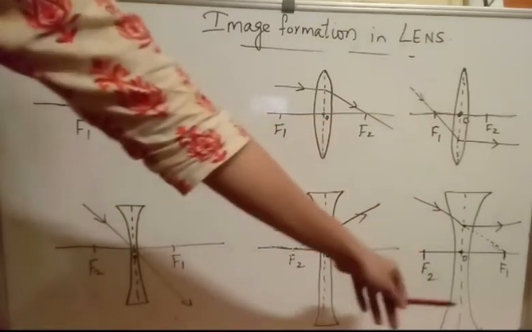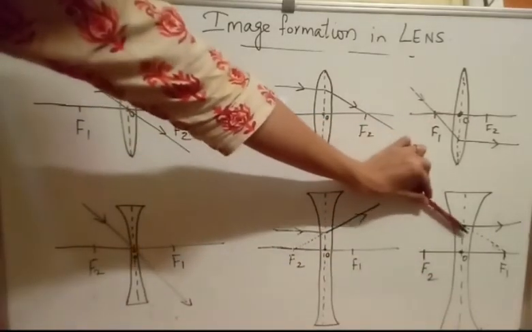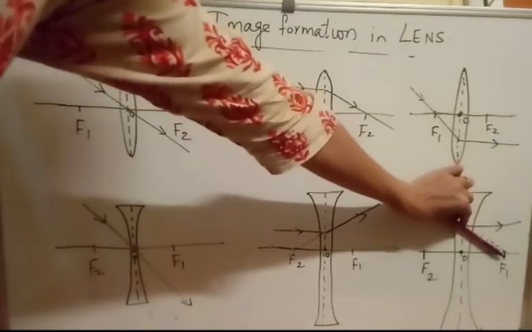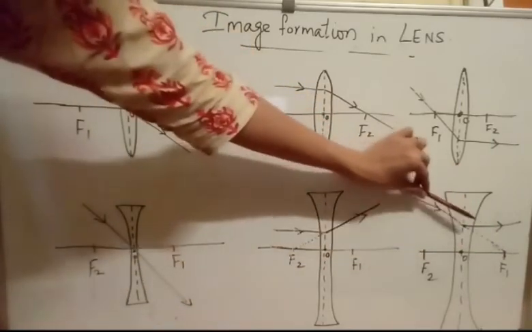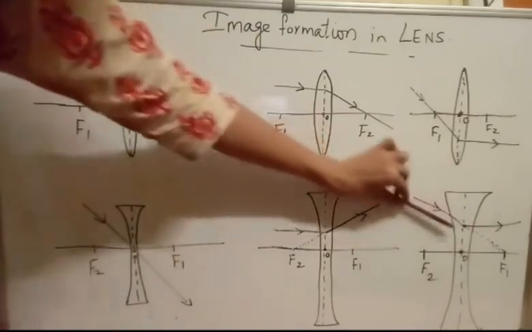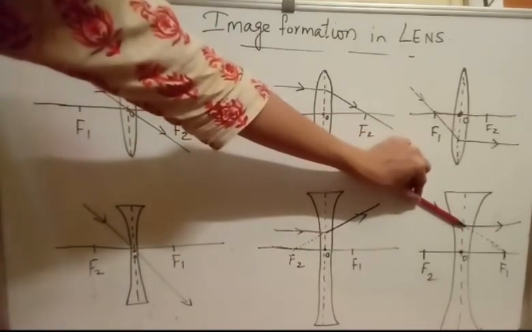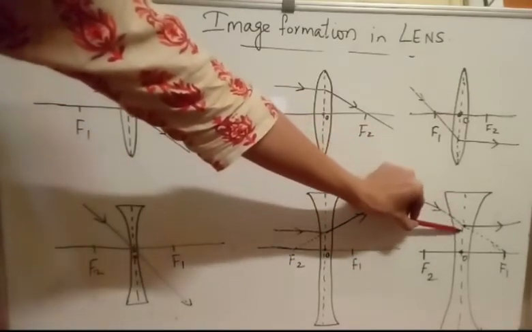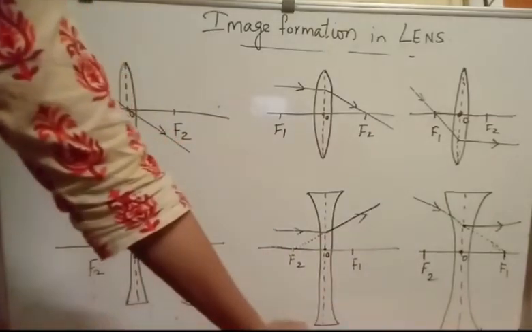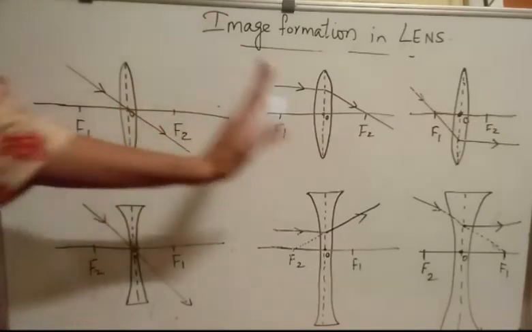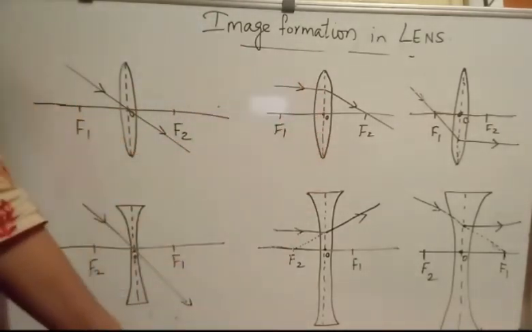Now for the concave lens also, you should consider a ray which is in the direction of focus F1. If the lens was not there, it would directly strike the focus. That is the ray pointing towards the focus. When it strikes the concave lens, after refraction it will go parallel to the principal axis. So these three rays are considered. Any two of these rays can be considered for image formation according to your convenience.